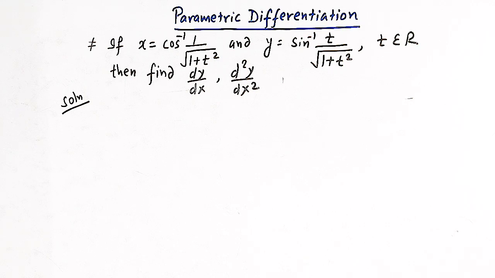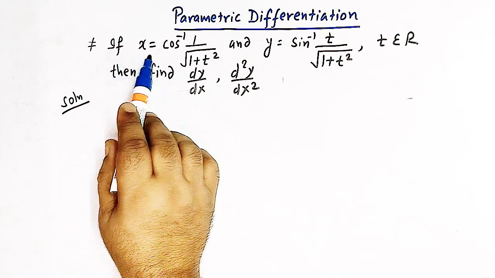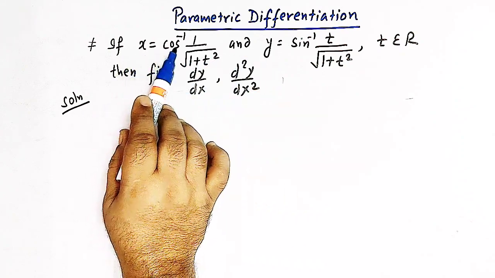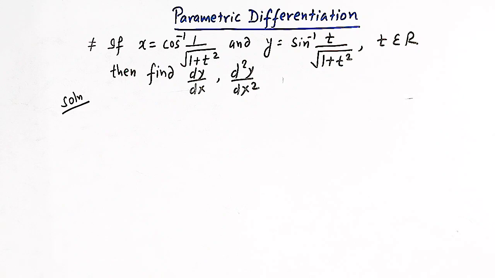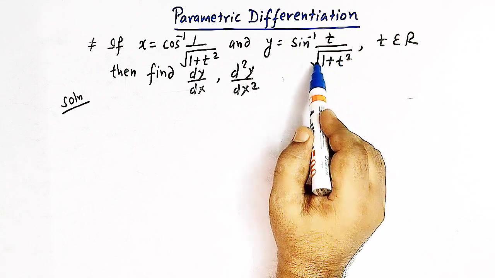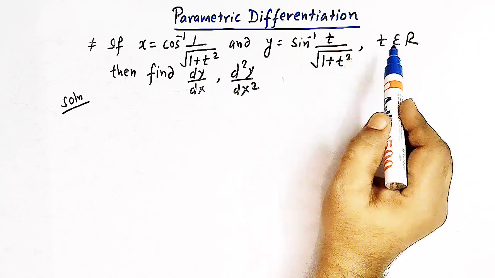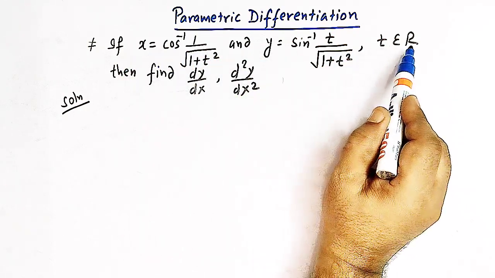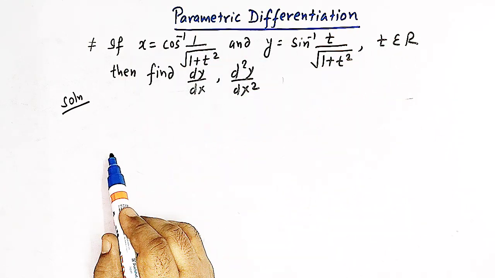The first problem is we are given two functions, x is equal to cos inverse of 1 over square root of 1 plus t square, and y is equal to sine inverse of t over square root of 1 plus t square, where t is a parameter and t belongs to the set of real numbers.